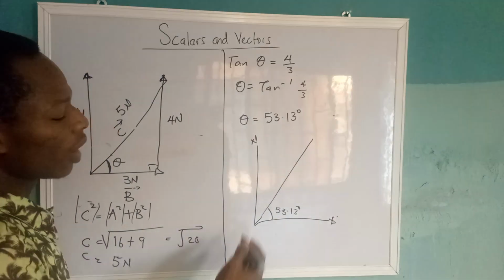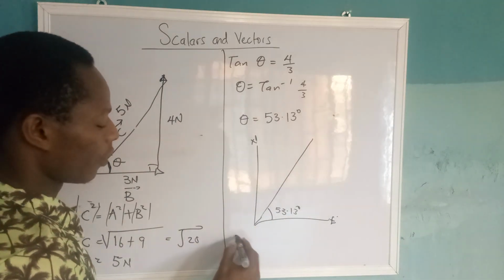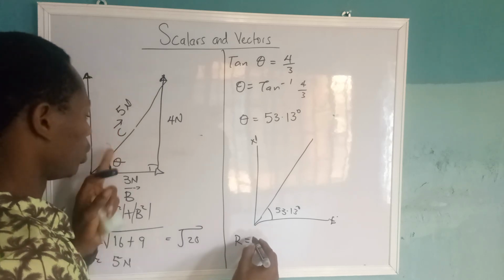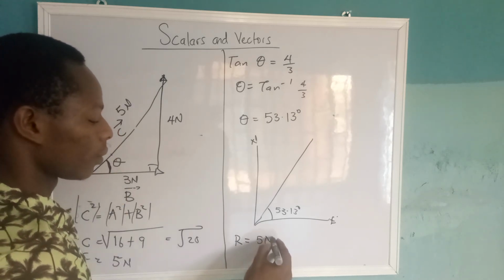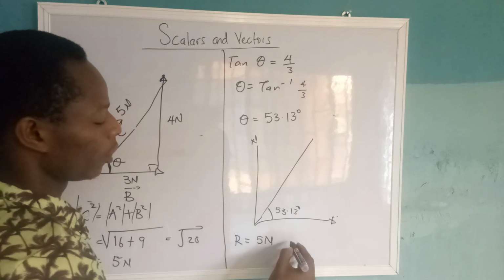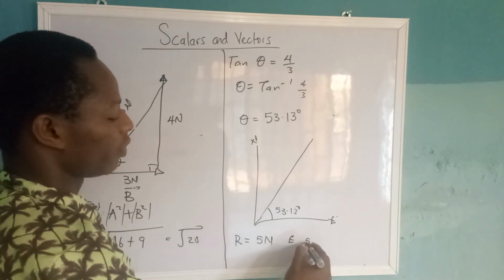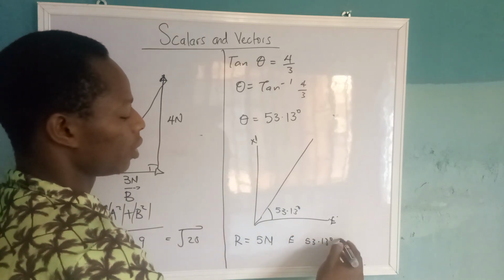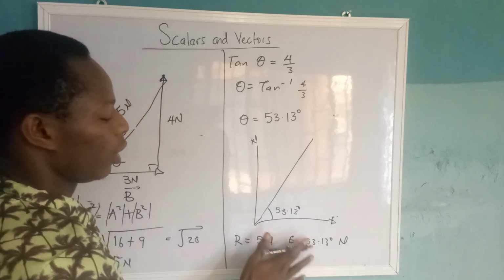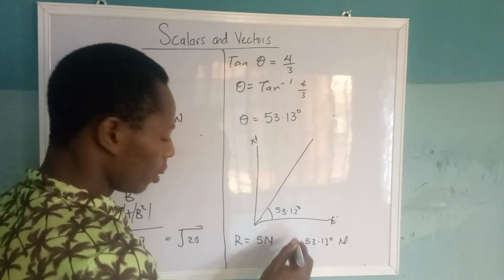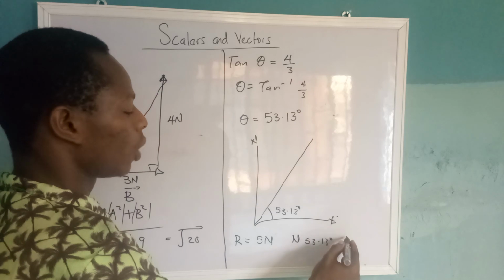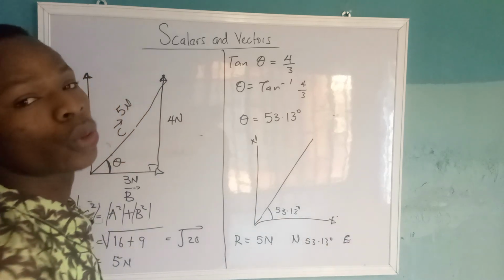So the answer here, if I were to say my resultant, the magnitude is 5 Newton, the resultant will not be east 53.1 degrees north. It's wrong. It will not be north 53.1 degrees east. This is also wrong.